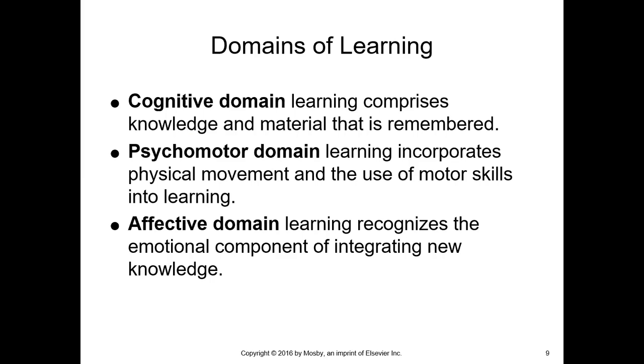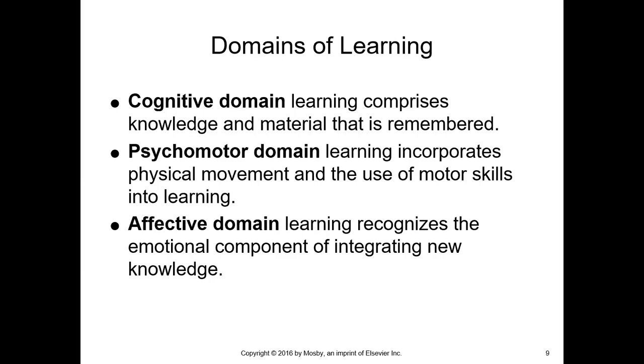This is the information I need to know step by step to prevent an infection, to identify if I have an infection, and when to call the doctor." So it's truly knowledge that the patient can state back to us based on what we've taught them.